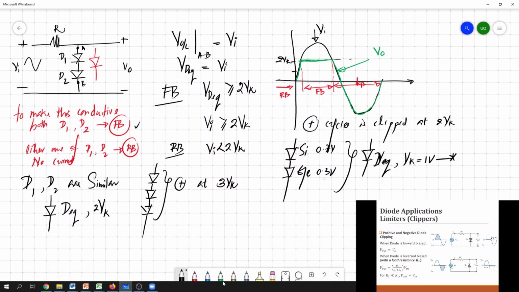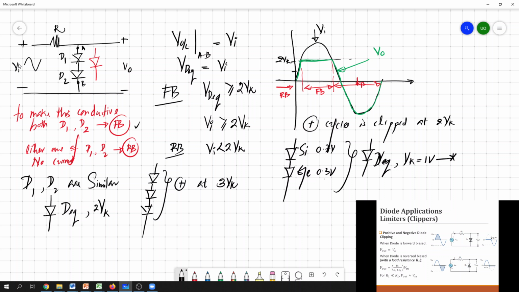So then the input is simply clipped at the value of 1 volt. So by introducing a series of diodes, you can simply clip the input at a given value depending on the barrier voltage of the diodes.